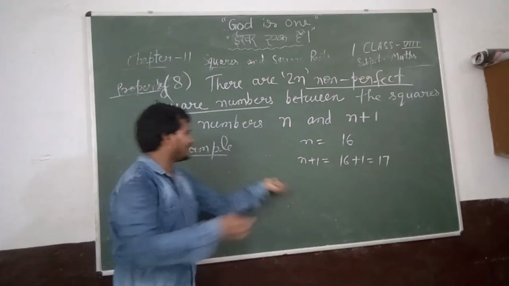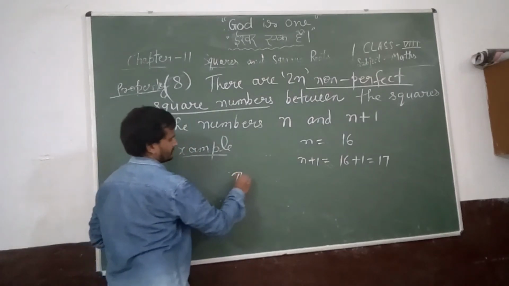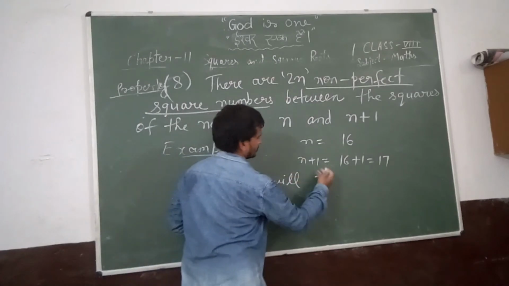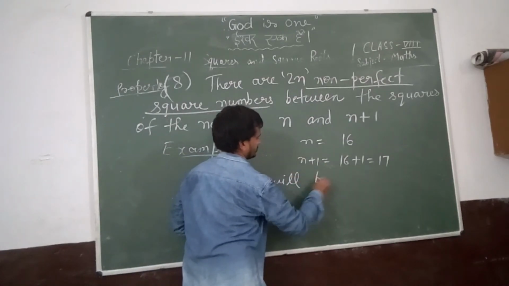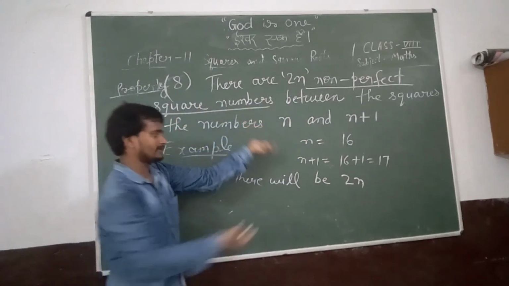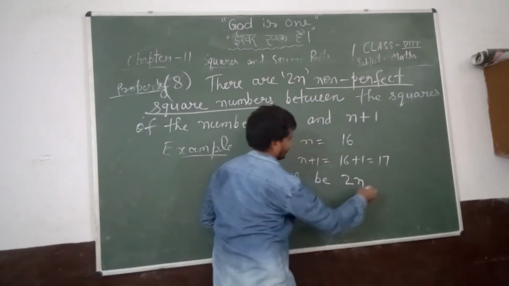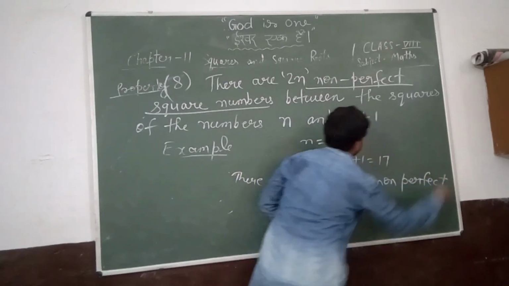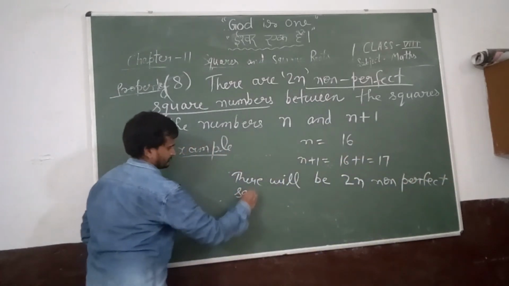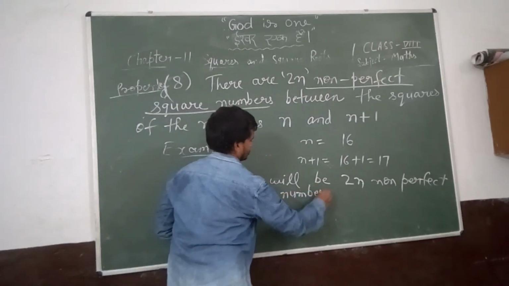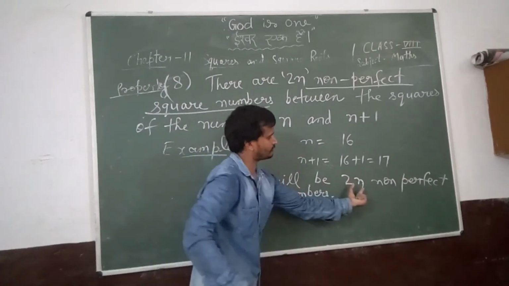Then we can easily say there will be 2n non-perfect square numbers. How do we find 2n?